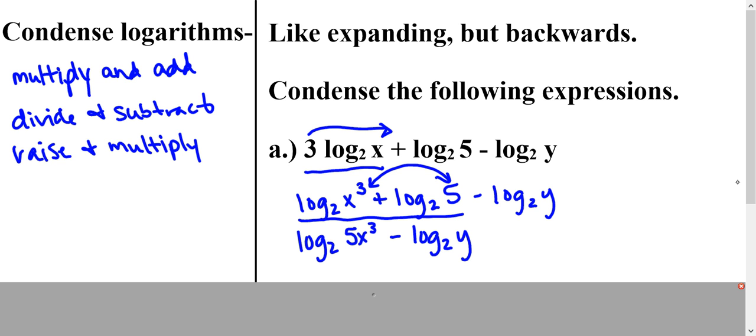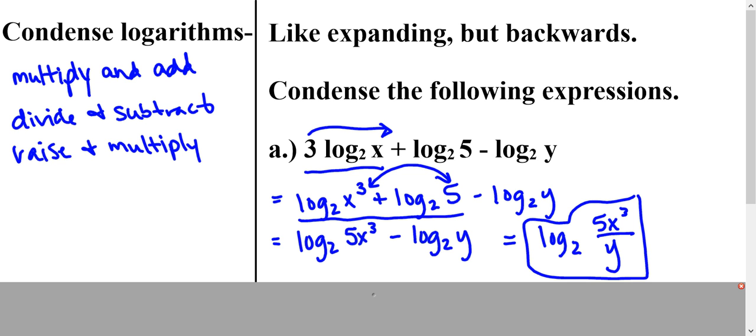So now we can condense the part that is subtracted. Subtraction implies that we're going to be dividing these two numbers, and you divide it just like it is, going from left to right. So this would be log base 2, and we're going to have 5x cubed divided by y. You can just write that as a fraction. So this would be the final answer right here.